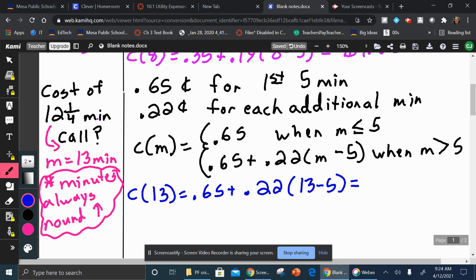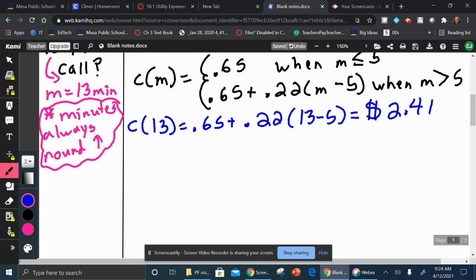So the cost for 13 minutes is going to be $2.41.